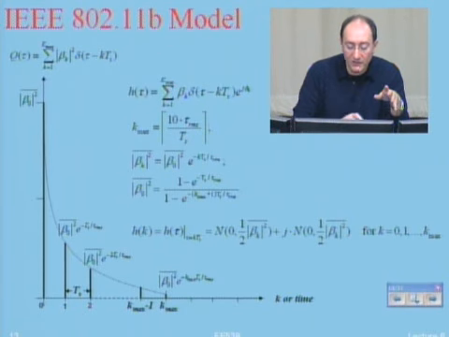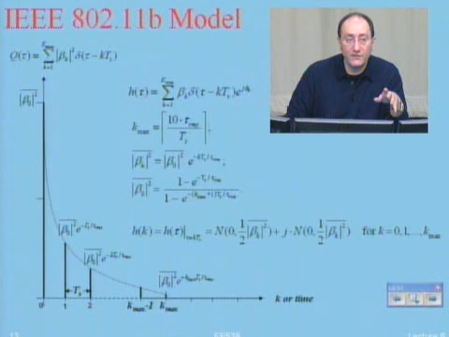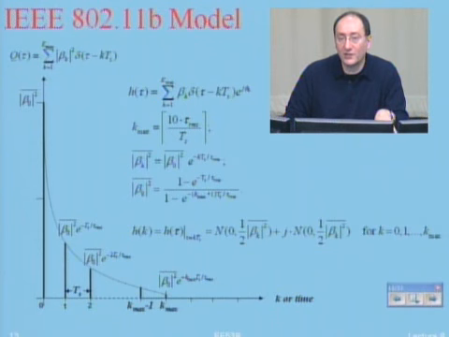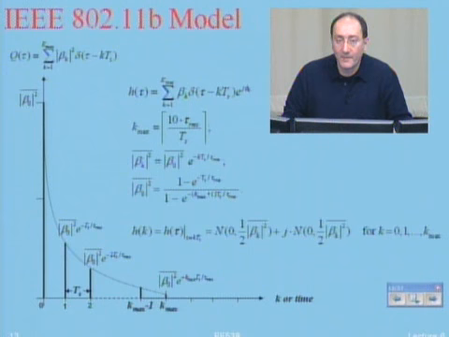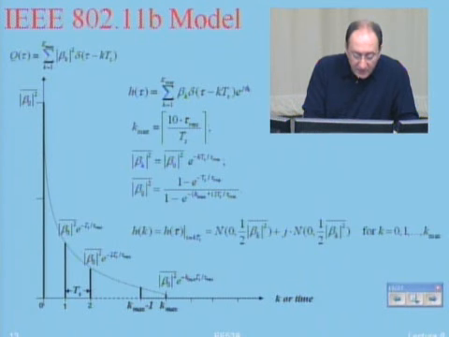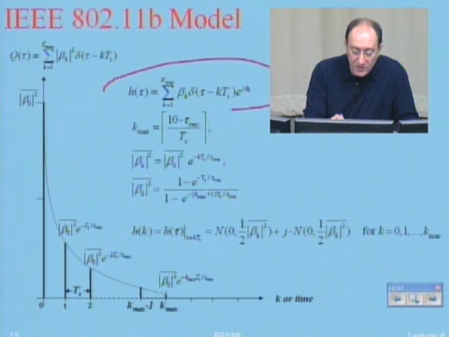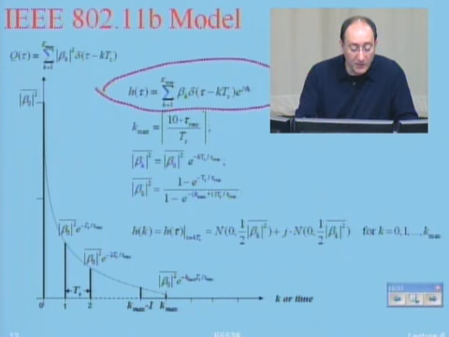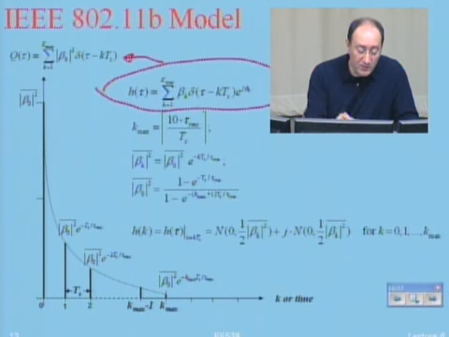Here they define one single profile in which you can change the RMS. Since all of the applications for 802.11b are considered to be indoor, this fits very well. And this is the model. Everything is indoor, but for the delay power spectrum, the way they define it, they take the channel impulse response, and you remember the delay power spectrum is the channel impulse response squared.